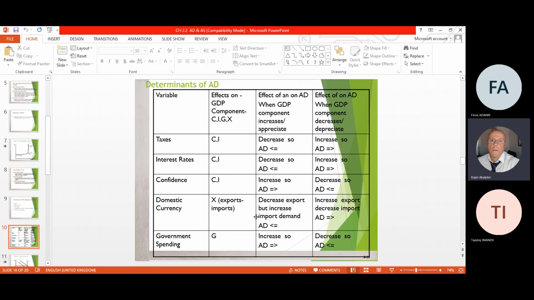The domestic currency is similar, which is the net export, subjected in the components, then this will increase exports and decrease imports, and as a result enlarge aggregate demand, because it is positively affecting, as you see, exports are increasing and imports are reducing, and as a result, export minus import is becoming positive for the economy.